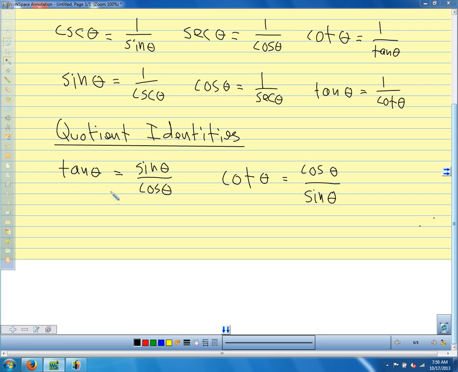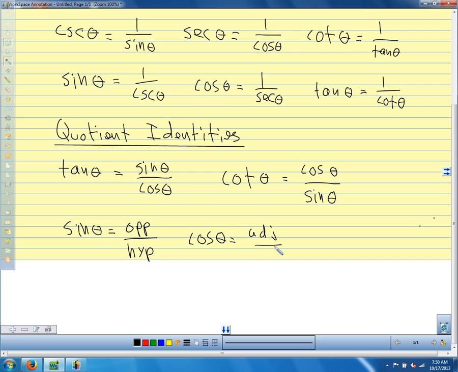Let's look a little more at this one and show you where this comes from in our right triangle. On a right triangle, how do we find the sine of our angle? Which sides do we use? Opposite over hypotenuse. We're talking about SOHCAHTOA here. And the cosine of the angle?